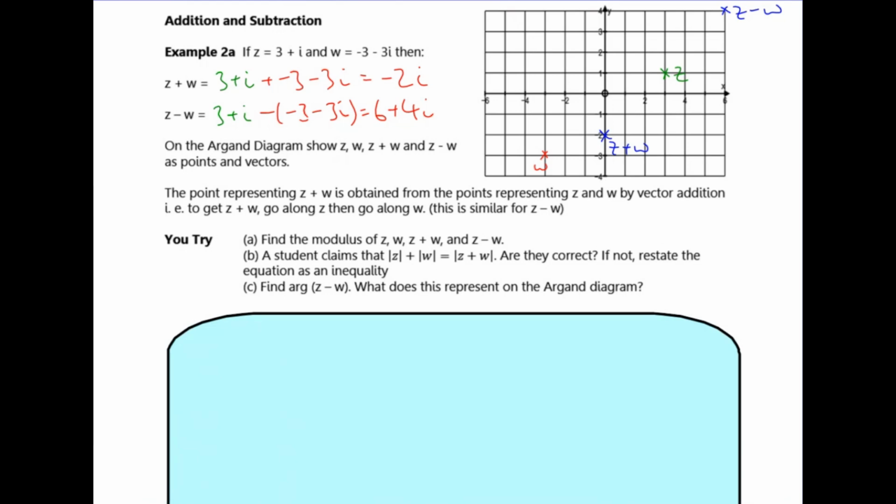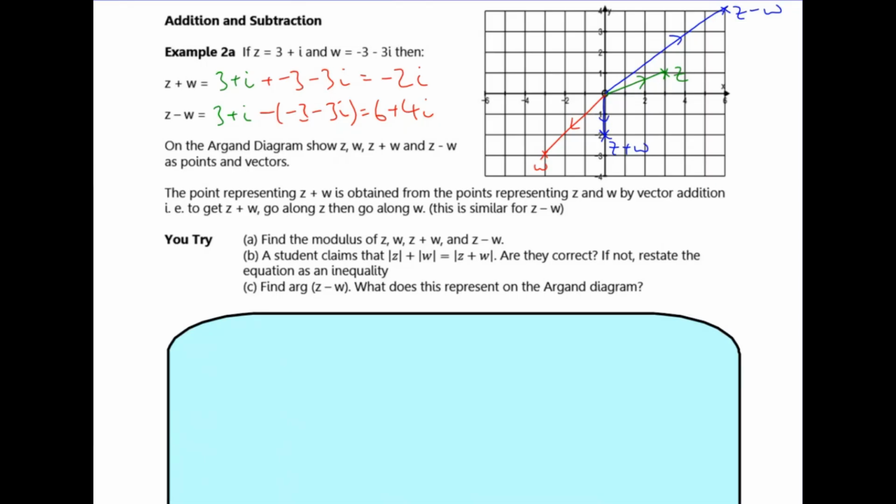It wants us to do them as vectors as well, so I'm going to draw straight lines from here. Z looks like this one. And W is down here. Notice I've put arrows on there as well. From here, you can see how these vectors work. So Z plus W is down here.